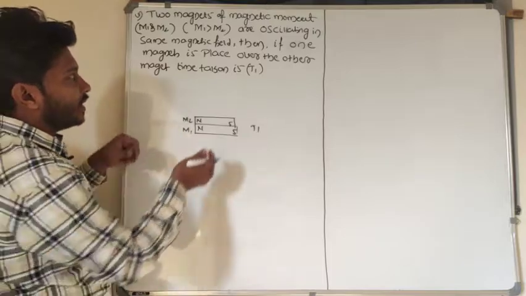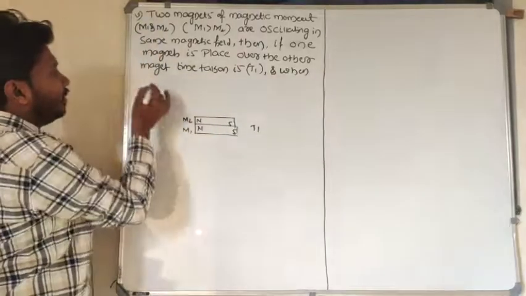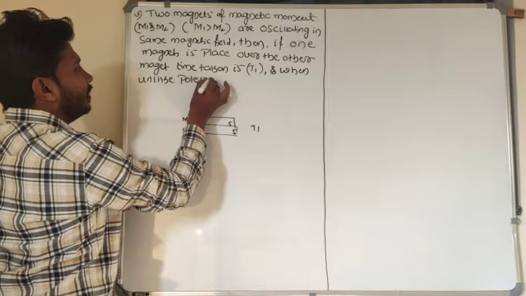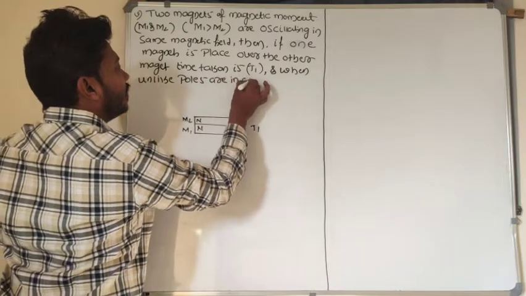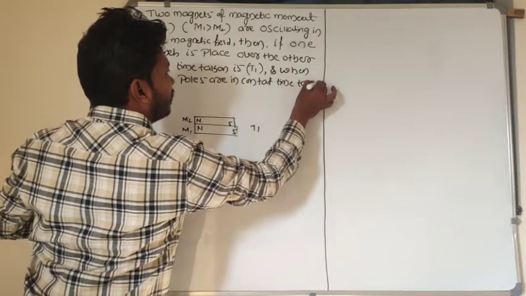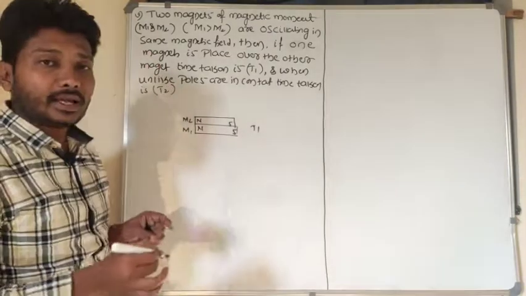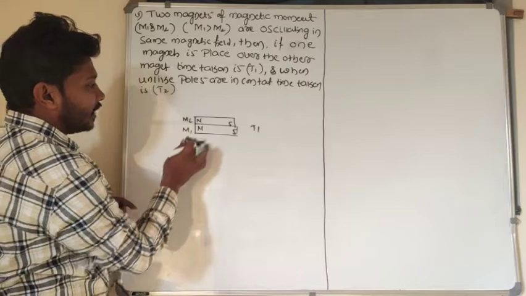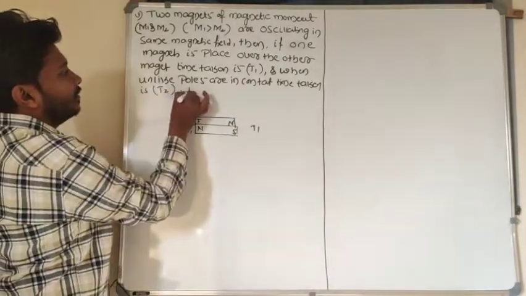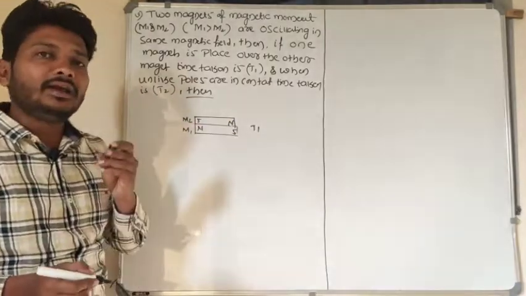When like poles are in contact, time taken is t1, and when unlike poles are in contact, time taken is t2. Unlike poles in contact means, look at here, south and north. Then I want to find the relation between t1, t2 and m1 and m2.